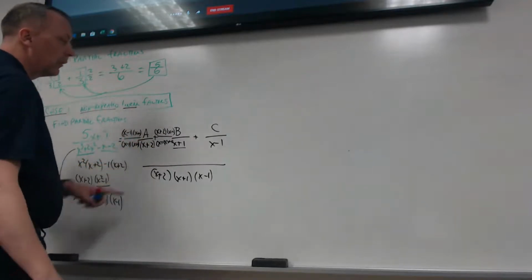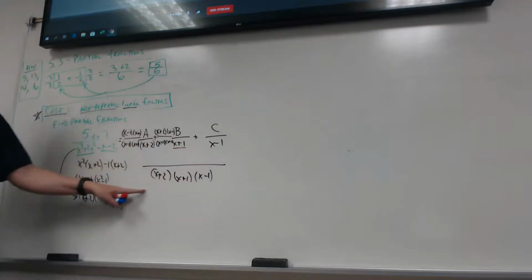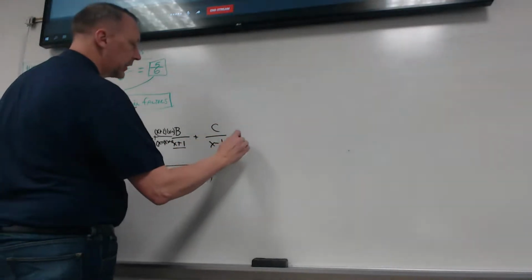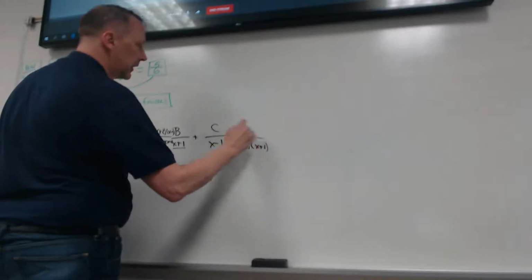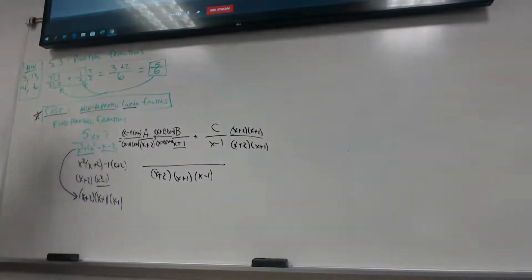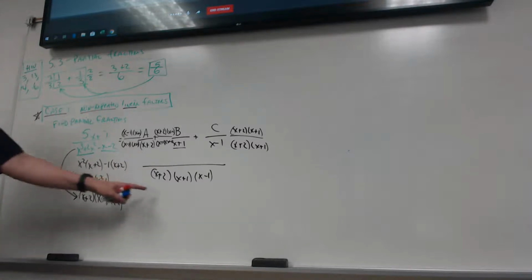What do I need to multiply this by to get that? X plus 2, x plus 1. So now that I've got this together, I'm going to have a common denominator.